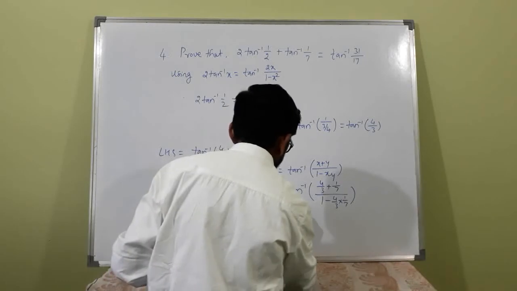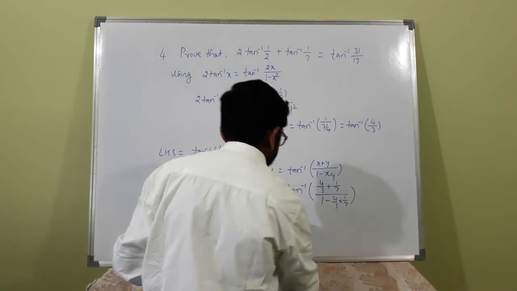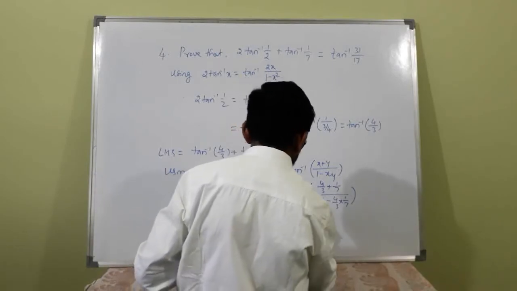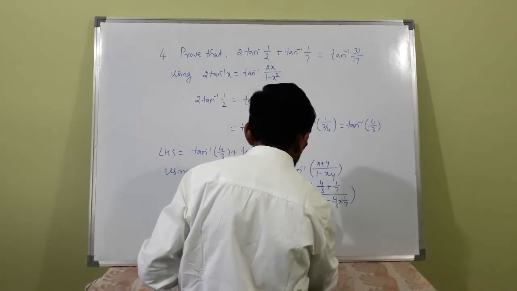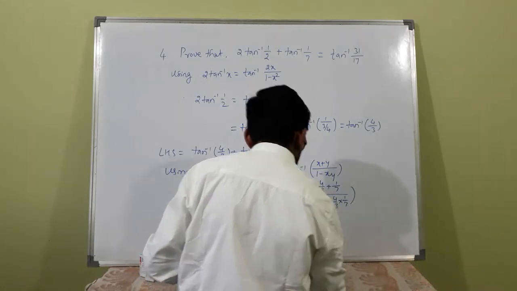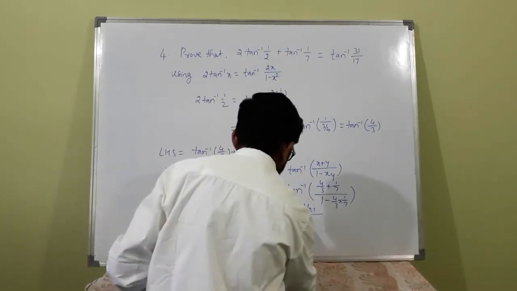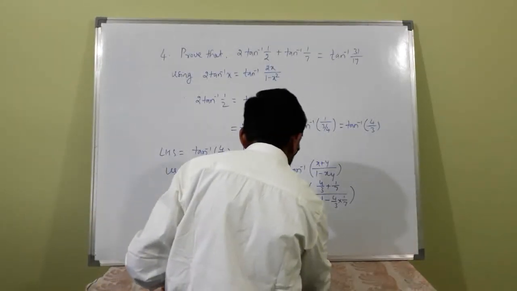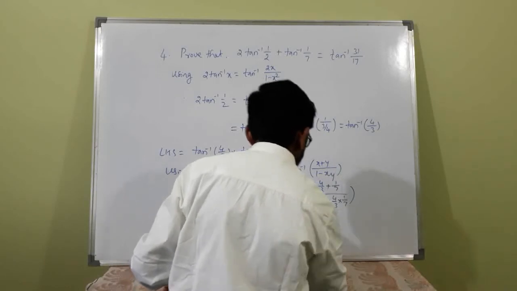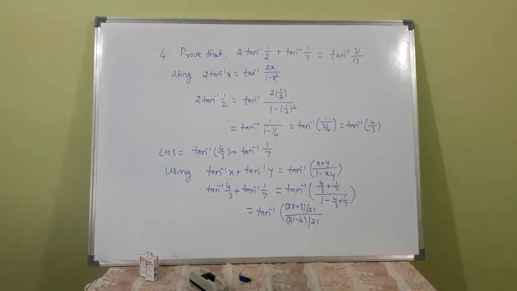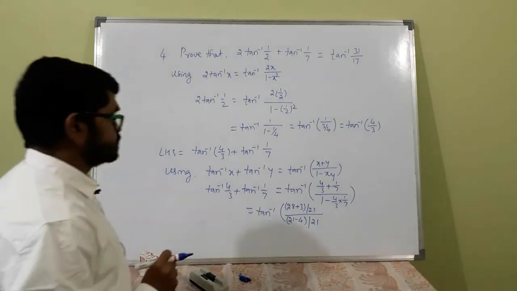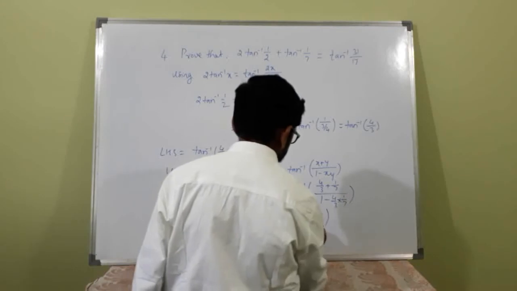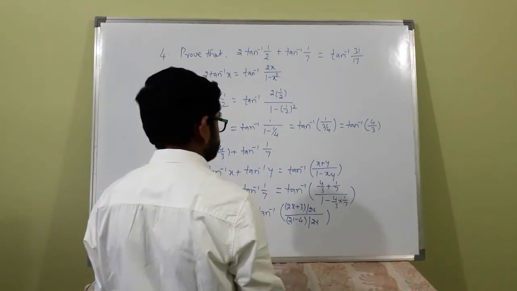that is equal to tan inverse, this is 28 if you take LCM, plus 3, divided by 21, whole divided by 21 minus 4 divided by 21, isn't it? 21 gets cancelled, so 31 by 17.